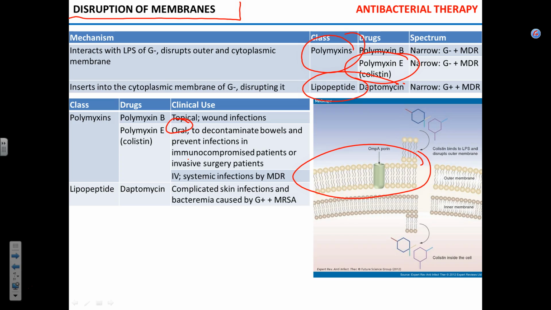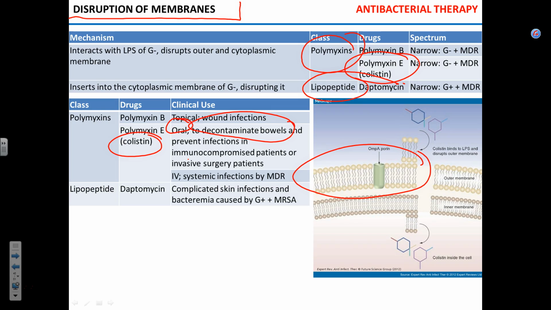So colistin is sort of a last resort to treat severe intestinal infections. Pretty much, you decontaminate bowels. We talk about killing everything in the bowels. This is in case of patients that are immunocompromised or at risk of contaminating tissues from the bowel microbes during invasive surgery.